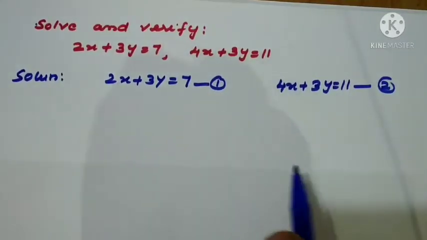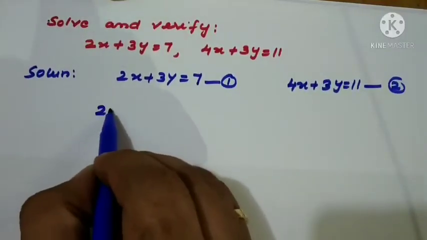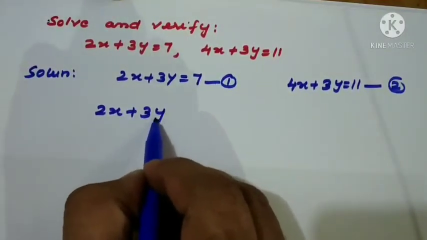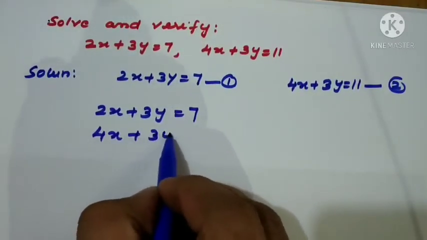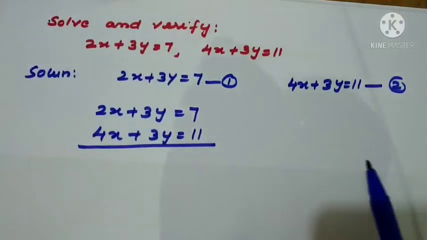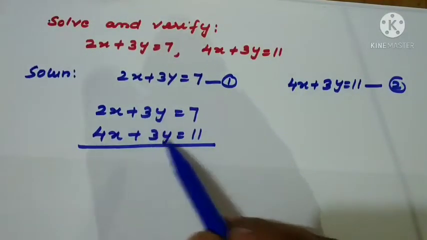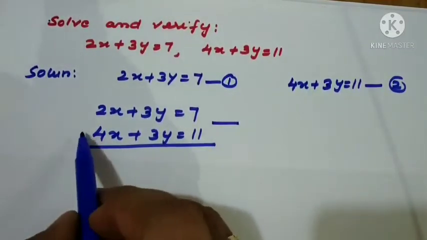So the first equation I'll bring here: 2x plus 3y equal to 7. Again 4x plus 3y equal to 11. In the equations themselves the coefficients of y are the same, plus 3 and plus 3. Same sign, so what should we do? We should subtract.